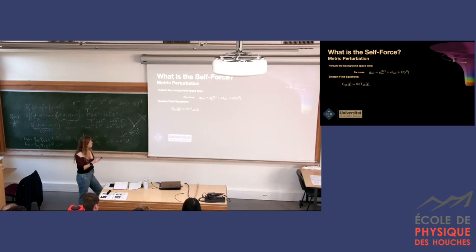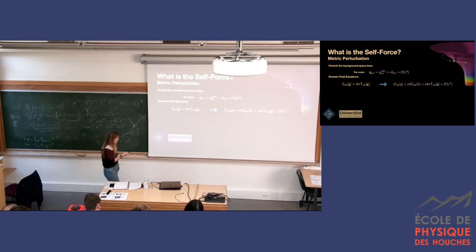So the full Einstein equations will be of this combined metric, which we then linearly perturb. Because this is a Kerr black hole, our only mass in the system is coming from the little body, which is why you have an epsilon here as well. And we know that for a Kerr spacetime, this will go to 0. So this is the equation we're looking at.